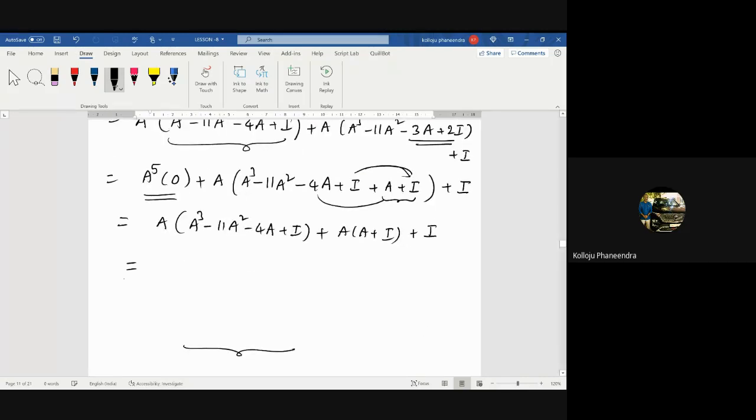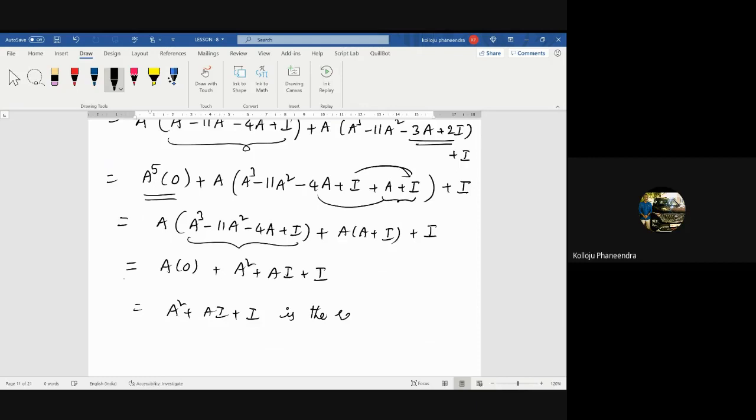So this equals A into 0 plus A square plus AI plus I. This equals A square plus AI plus I, which is the required quadratic polynomial.